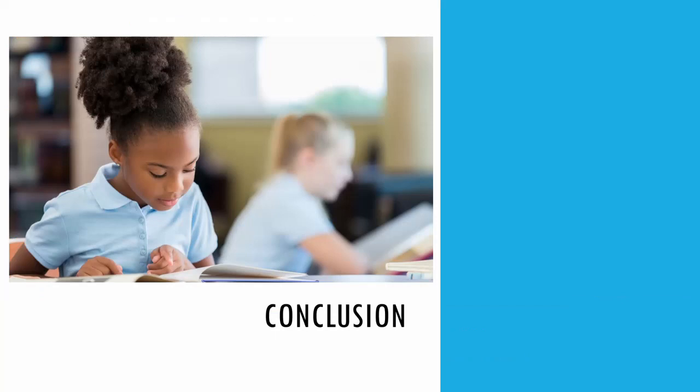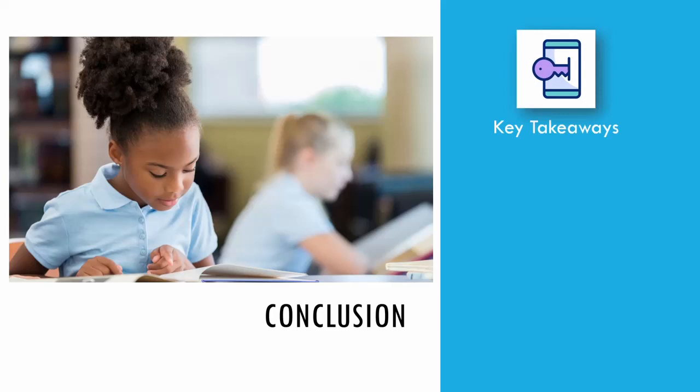In conclusion, Module 4 of Dyslexia: An Introduction for Teachers has provided a comprehensive understanding of dyslexia's multifaceted impact on students' learning, encompassing challenges in reading, writing, numeracy, auditory processing, and memory. We have explored the neurological underpinnings of dyslexia, its effects on academic skills, and the emotional and social challenges it poses.